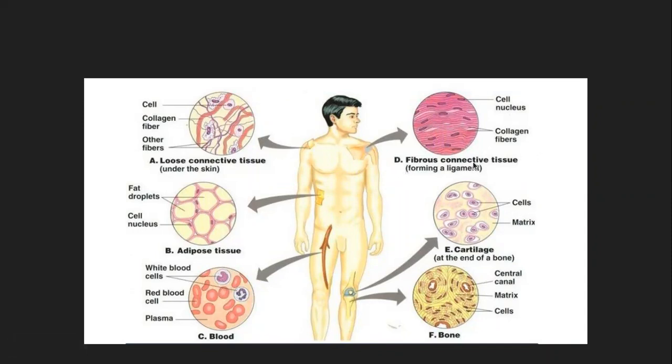Then the fourth example is the fibrous connective tissue. Again, the fibers or the muscles which are present at the pectoral joint, that is the shoulder girdle or shoulder joint. That particular type of tissue has a cell nucleus, and it has a lot of collagen fibers.